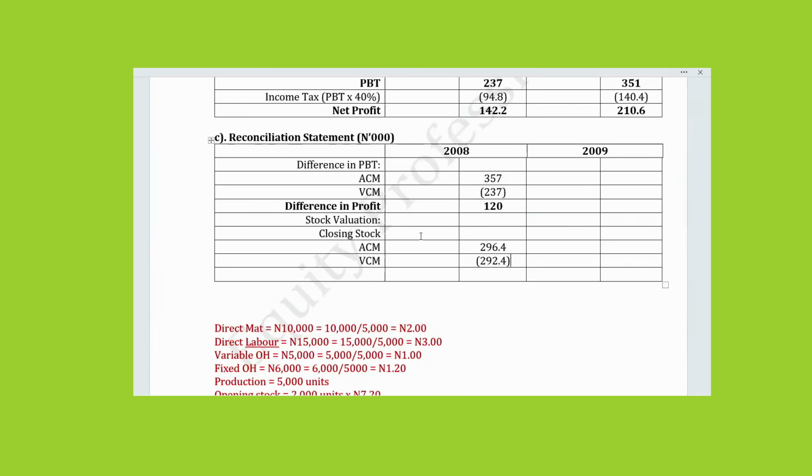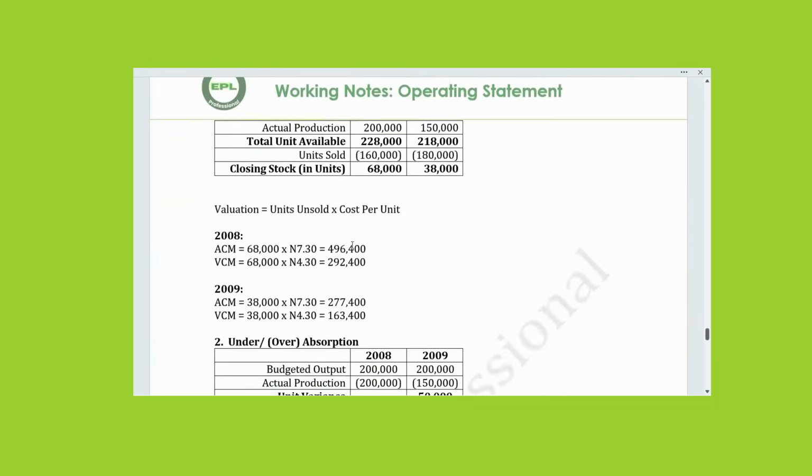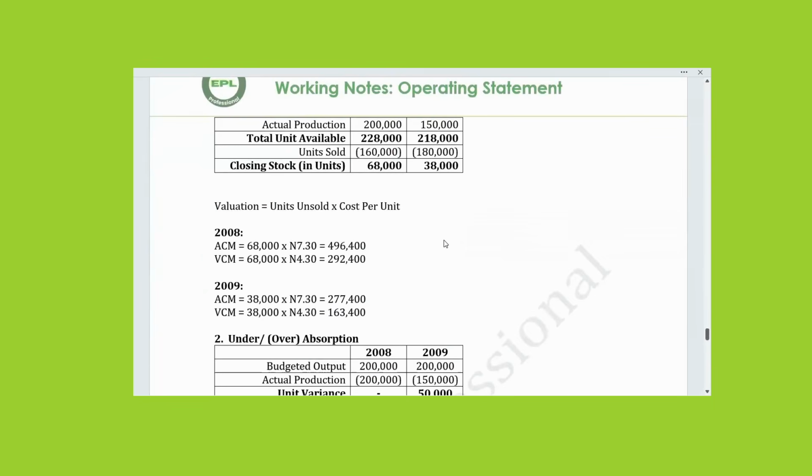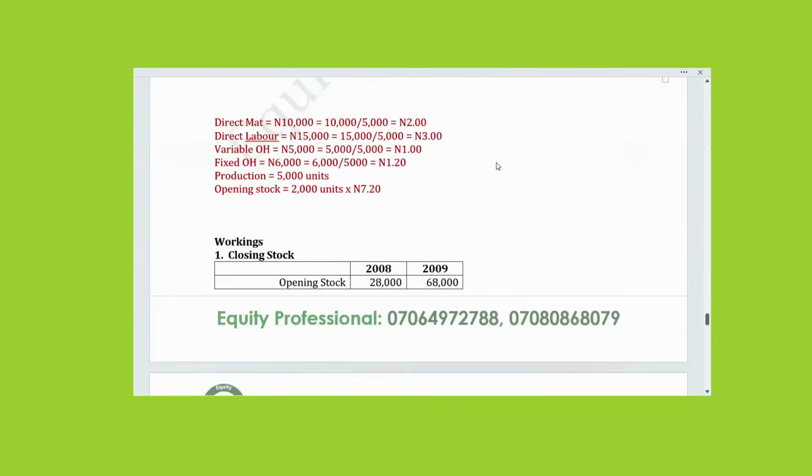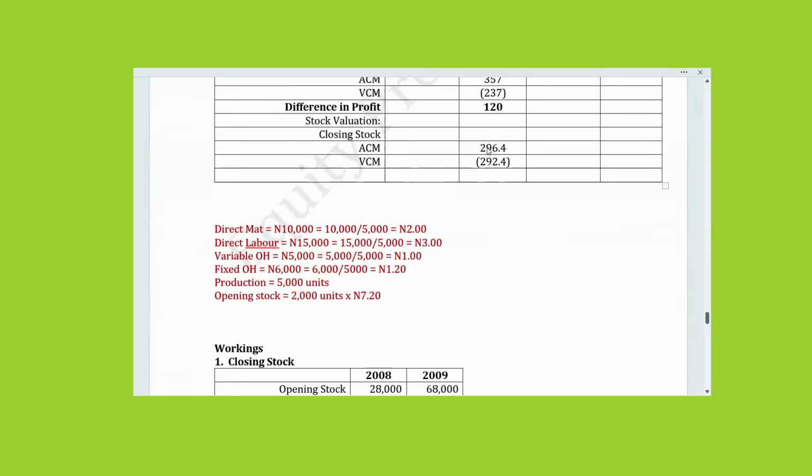So the difference is 4,000. Our figures are in thousands, so the difference is 4. So I will then come here. No, closing stock is 496.4.